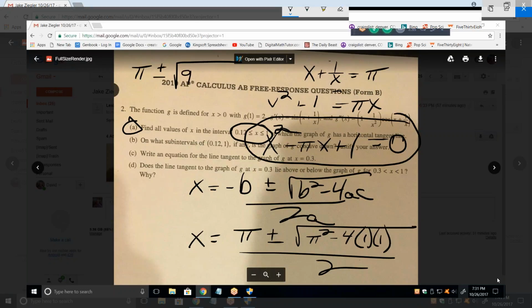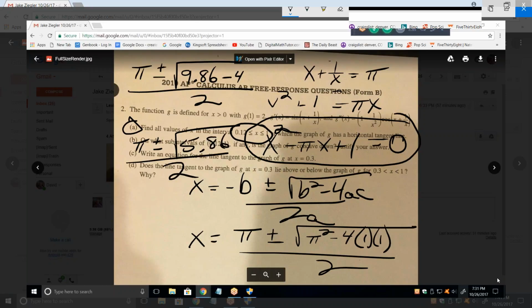So 9.86 goes there, minus 4, all over 2. Now we have pi plus or minus the square root of 5.86 all over 2. This is going to give us two answers, and we need the one that's in this interval from 0.12 to 1.